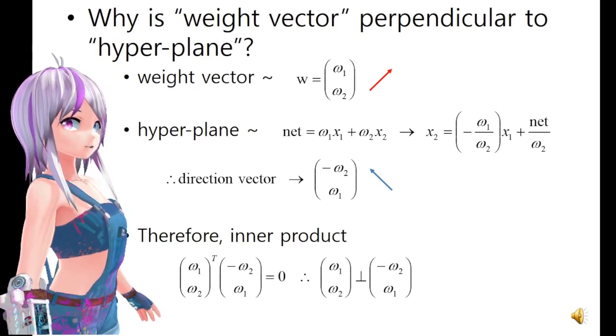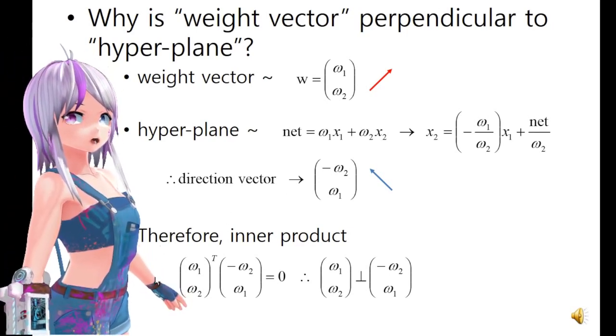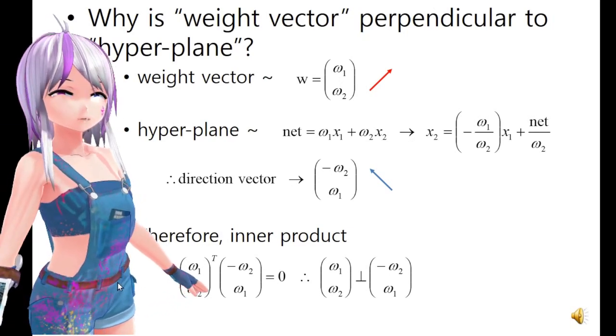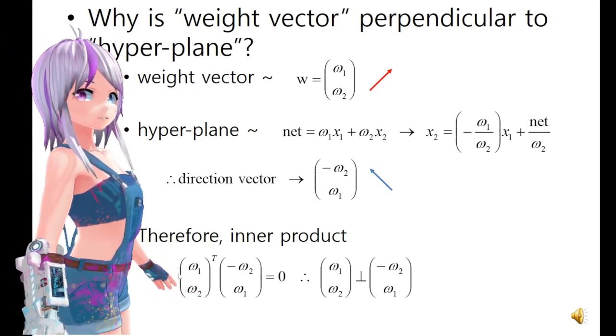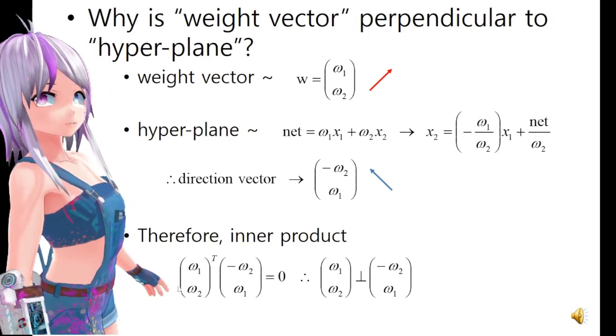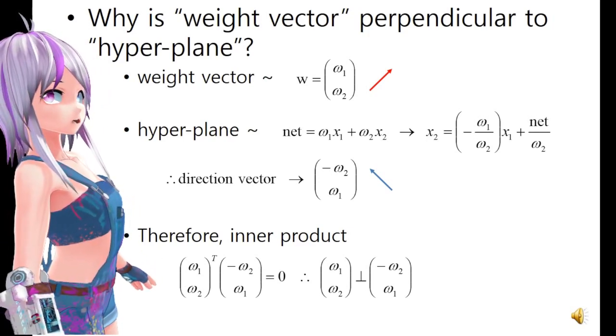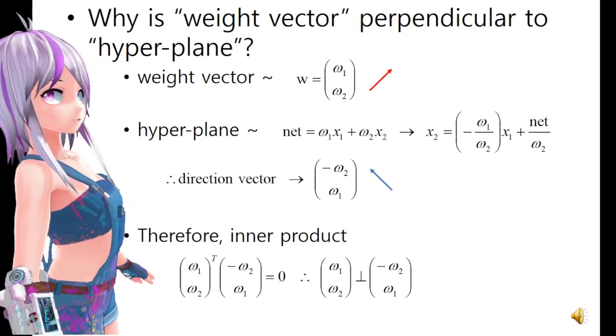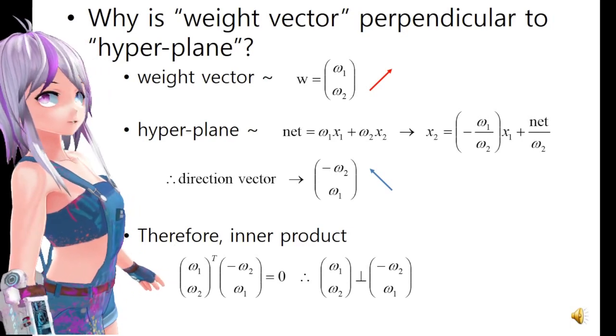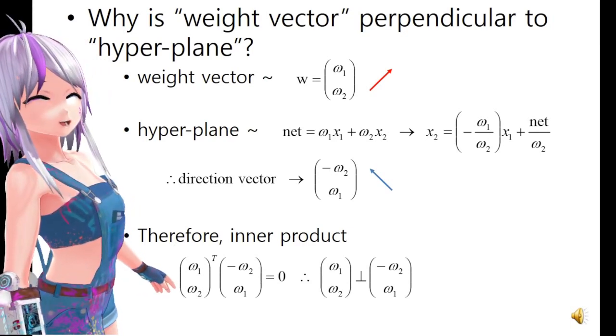And the hyperplane is W1 x1 plus W2 x2 compared with this net value, which is the bias sometimes. And x2 is minus W1 over W2 x1 plus net over W2.